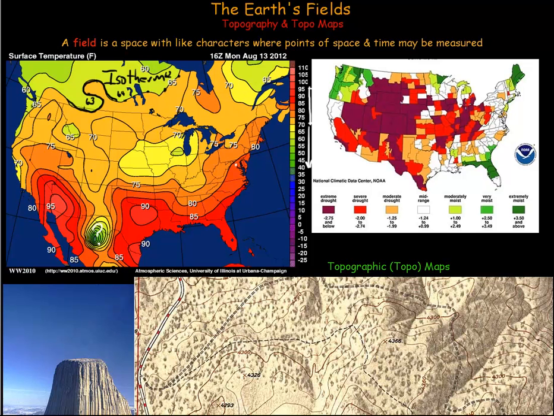Okay, this is a drought map. You can actually see droughts, extreme droughts, where we're -2 inches of rain below normal, severe, moderate.